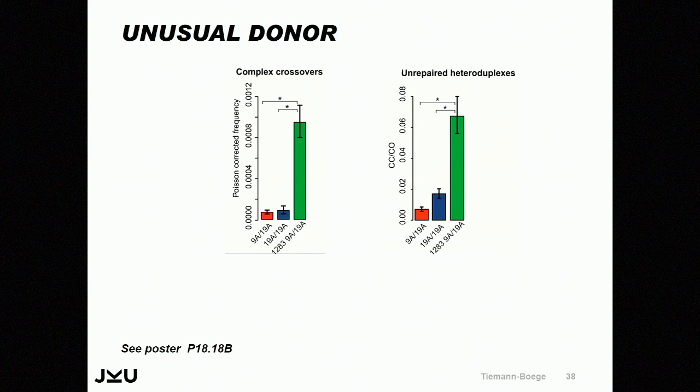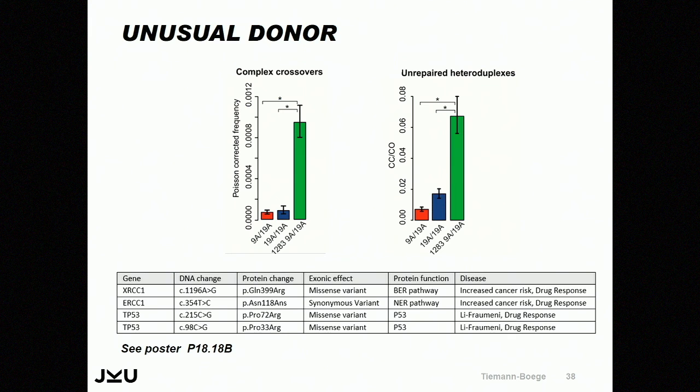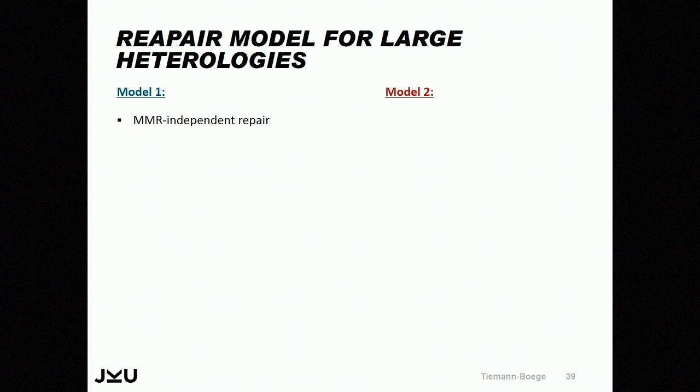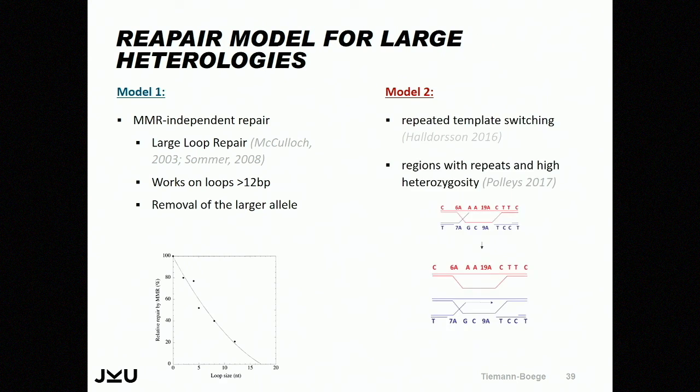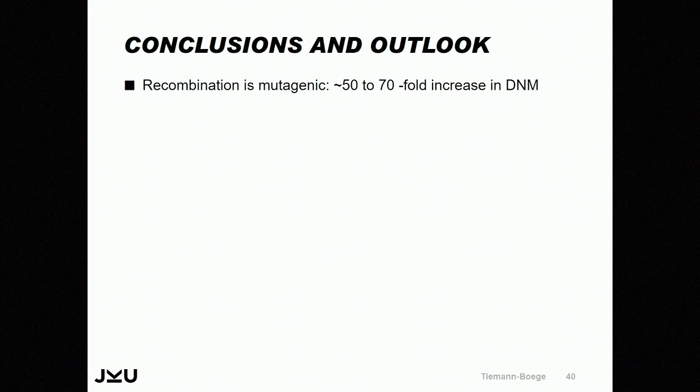It also has a very high number of unrepaired heteroduplexes, and then we looked to see what might be different with this donor, and we saw some variants in repair genes like XRCC1 and ERCC1 that are different compared to the homozygotes and heterozygotes that we have been studying. So we do think that these proteins might be involved in this repair pathway.